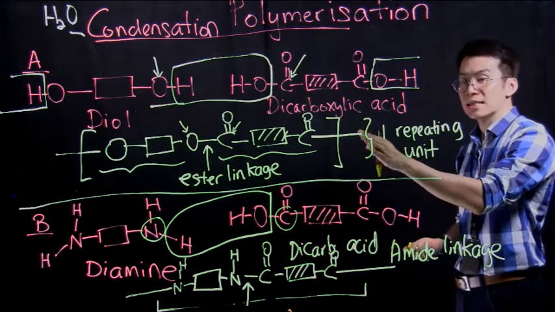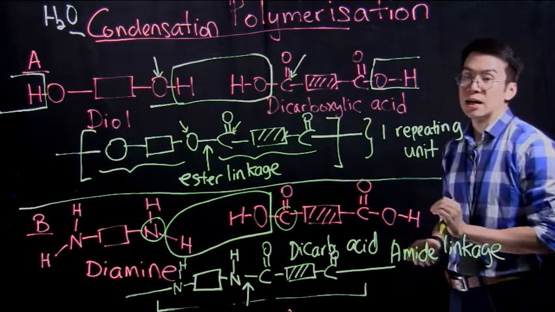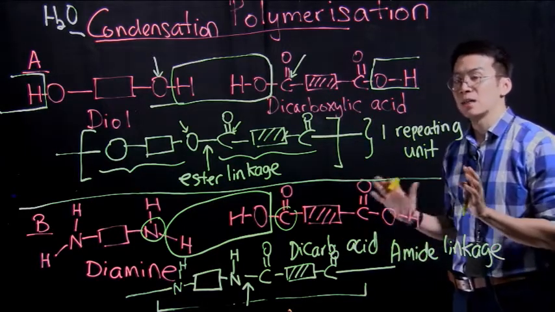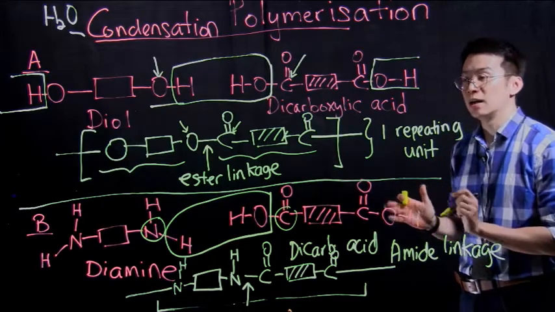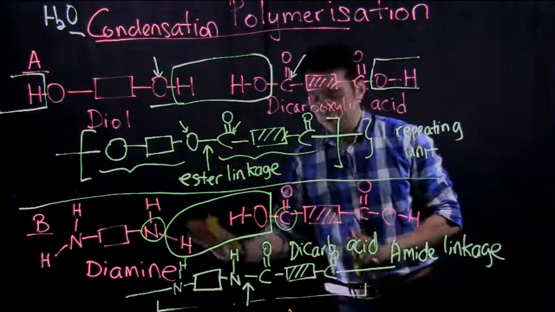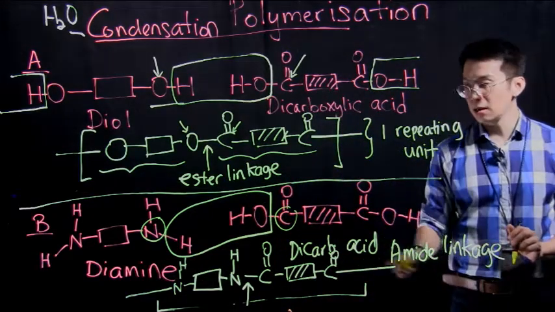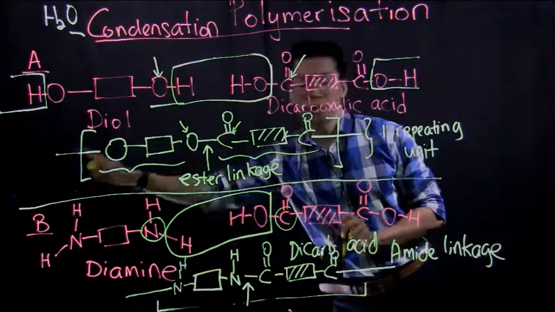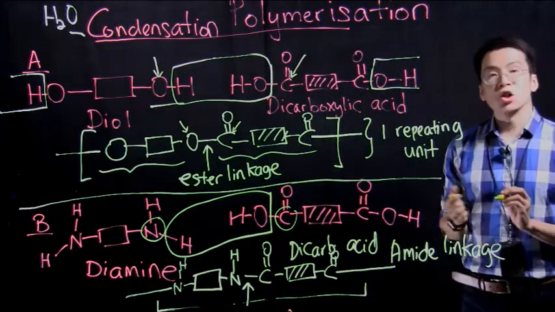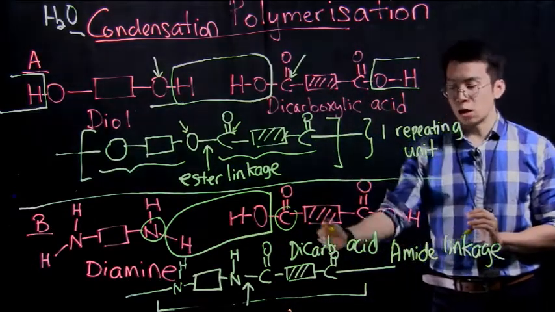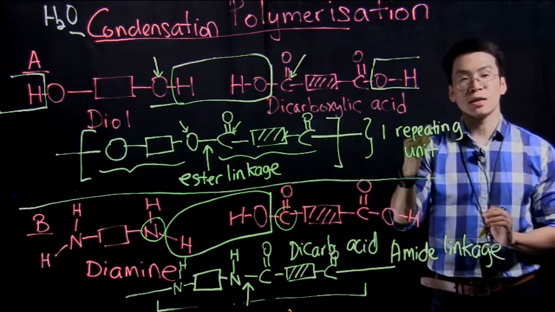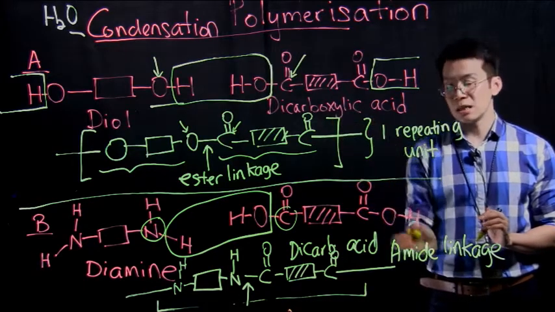Regardless of whether it's an ester linkage or an amide linkage, just like any other polymers that we have shown so far, at the two ends of the polymer you must show the bonds here, here, here, and here, to show that this polymer is continuing. It does not terminate here.